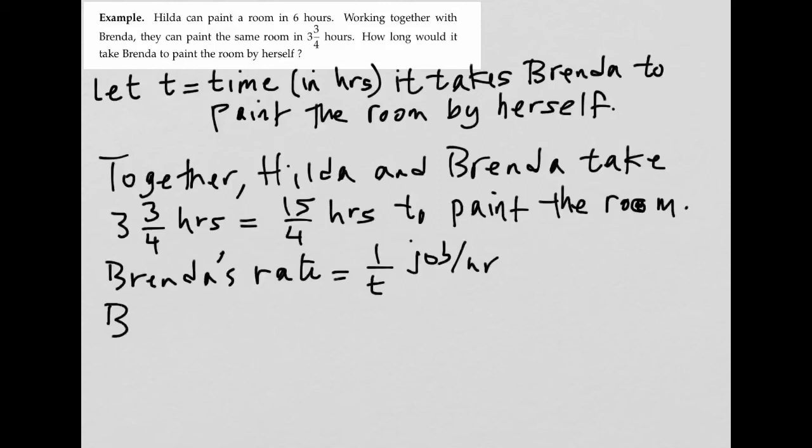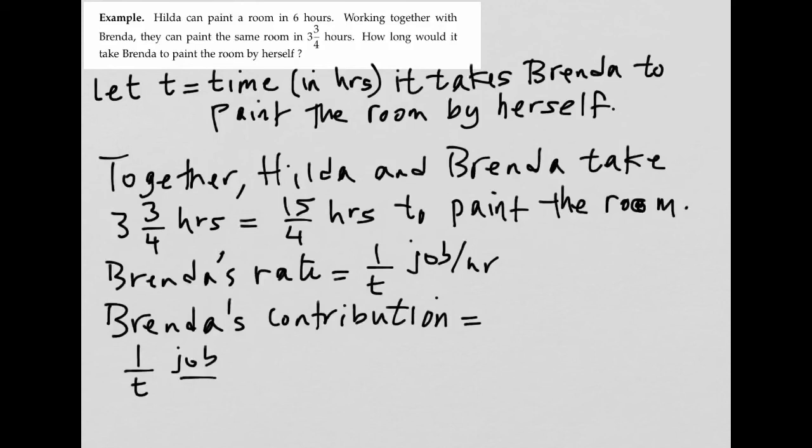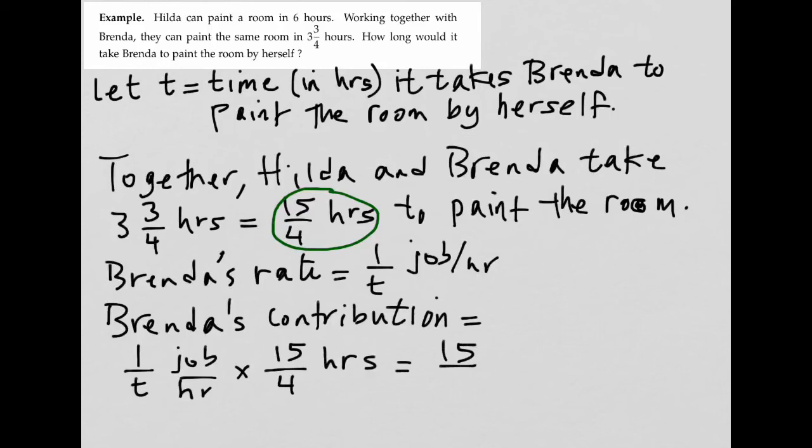And Brenda's contribution, or fractional part, that's going to be Brenda's rate, which is 1/t job per hour, times the total time, which is 15/4 hours, and that's equal to 15/4t of a job.